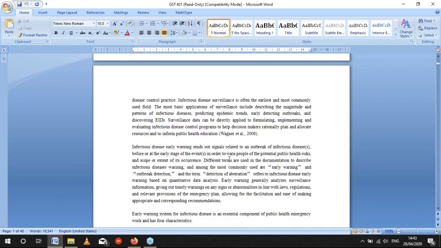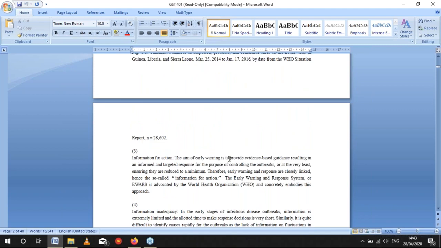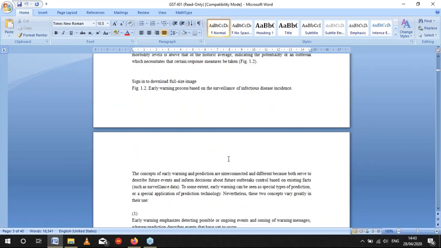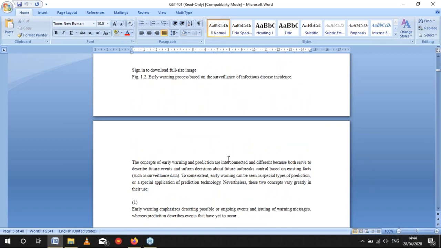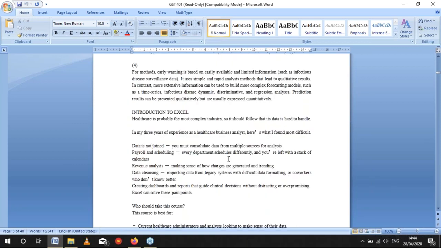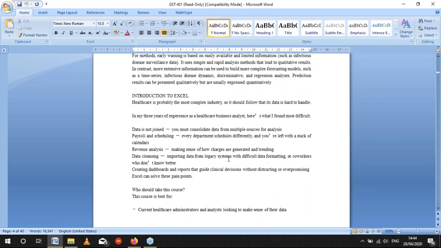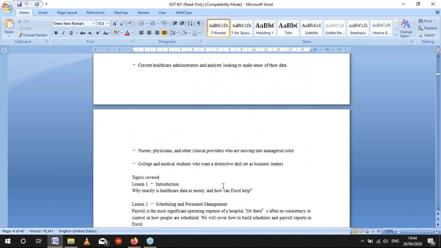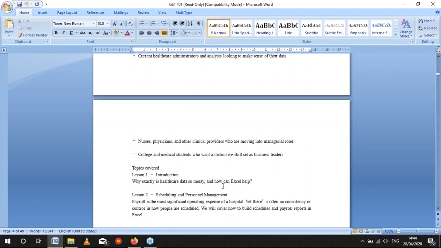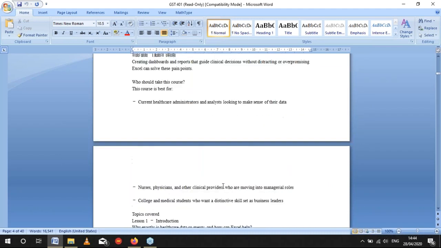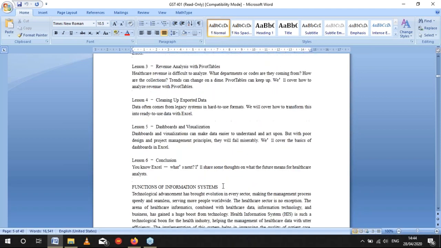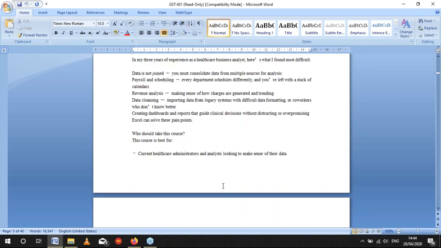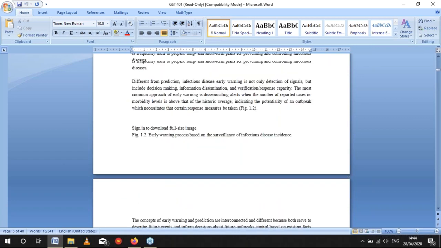So today, I would quickly want us to note these three terms used in the documentation applied in describing infectious disease warning.